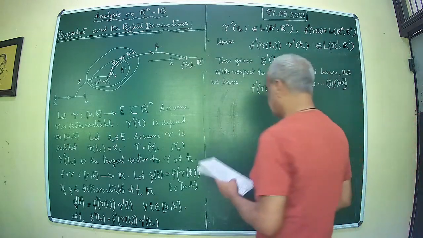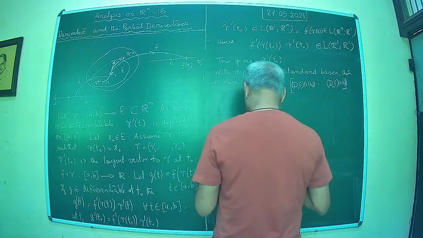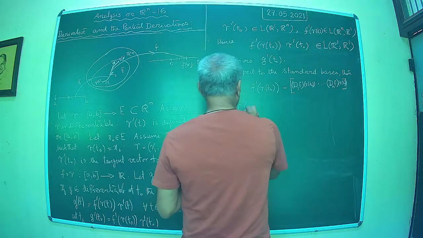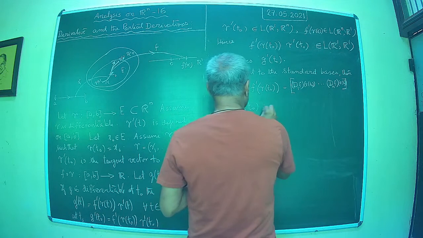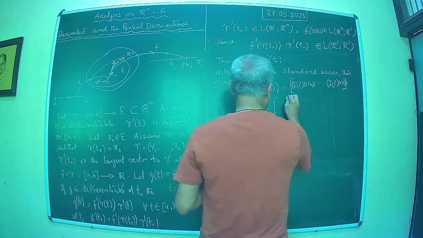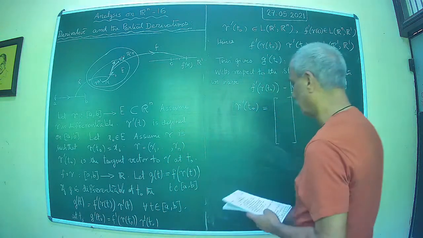And what you have is this. Gamma derivative at t naught is given by, let us write it as a column vector. We want to write this operator.